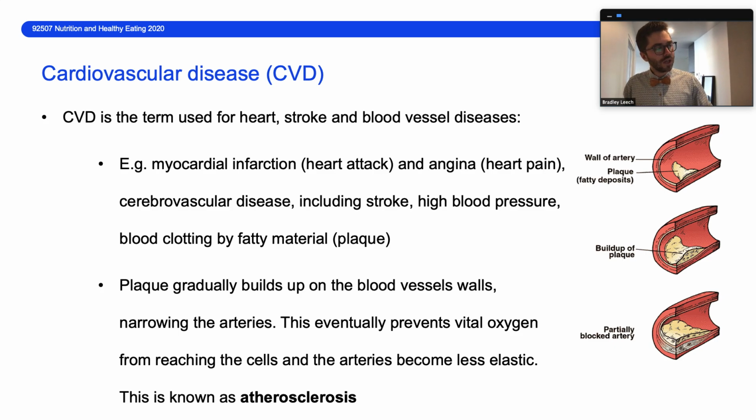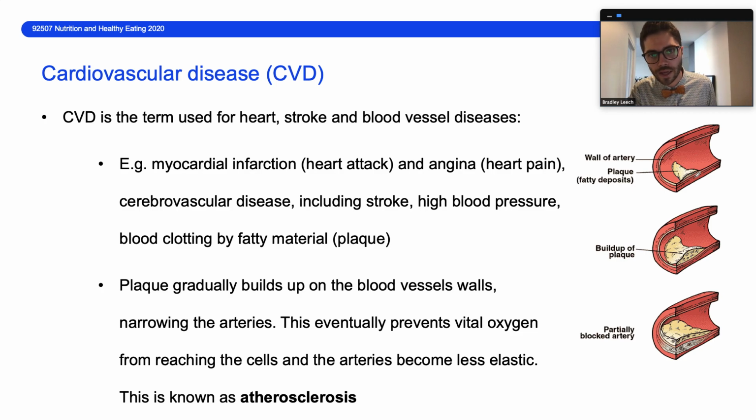All right, so let's talk a little bit about cardiovascular disease. Cardiovascular disease is a term to describe heart disease, stroke, blood vessel disease such as heart attack, heart pain, high blood pressure, clotting, and so forth. Now, we can see from the image here, this is plaque.